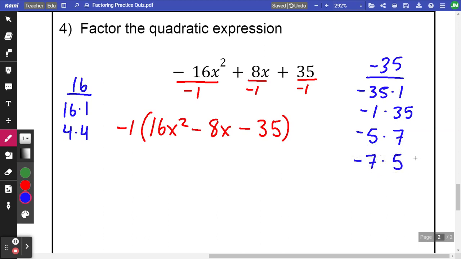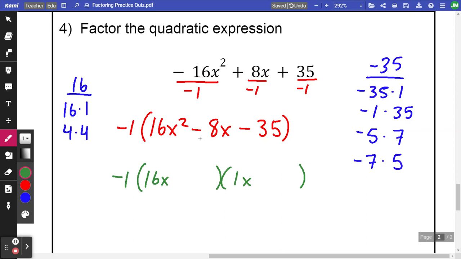Okay, looking at the possibilities that my answer could be, we could have 16x and 1x here with any combination of these factors, right?